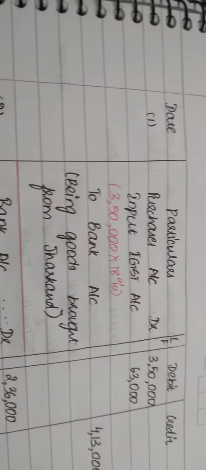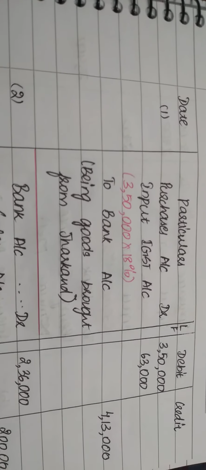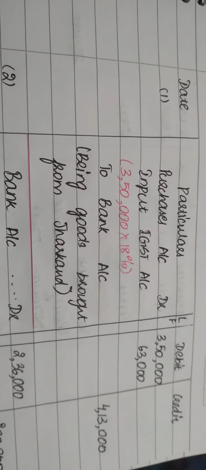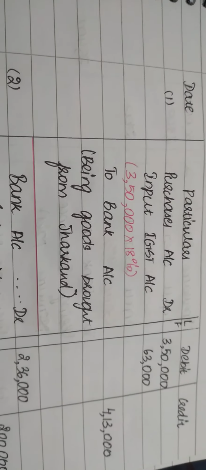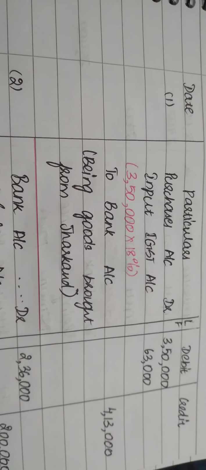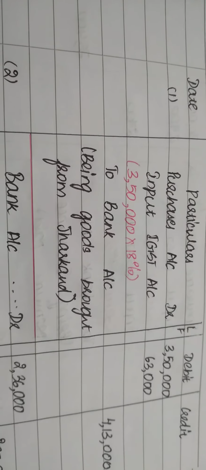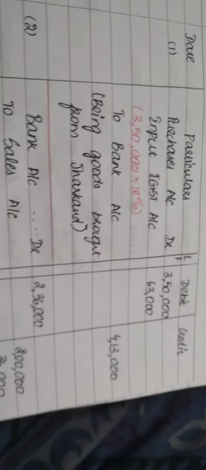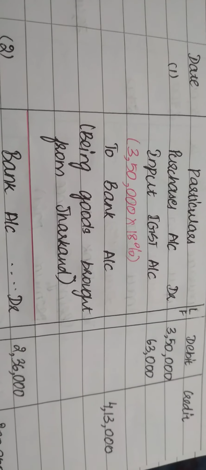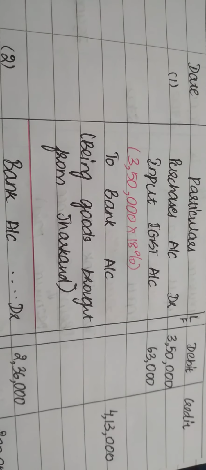Now let's record the journal entries one by one. First is purchases. Bought goods from Jharkhand rupees 3,50,000. So purchases account debited, input IGST account debited, to bank account. Jharkhand is a different state, not in the state of Bihar, so the complete 18% is applicable for IGST.